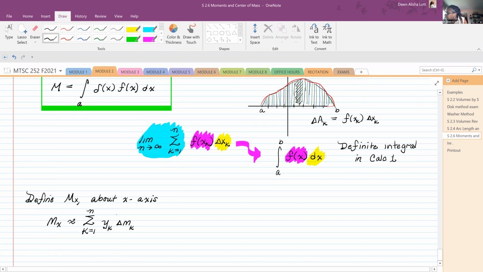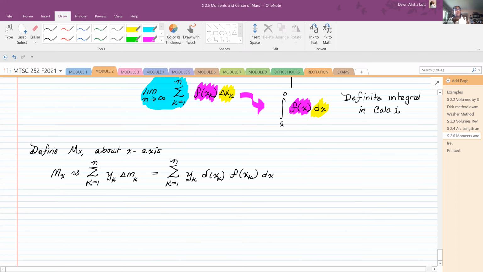So this becomes the sum k equals 1 to n of yk, and delta mk is delta of xk, f of xk dx.